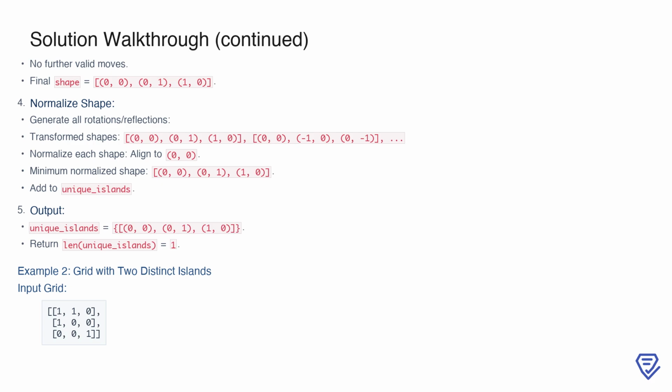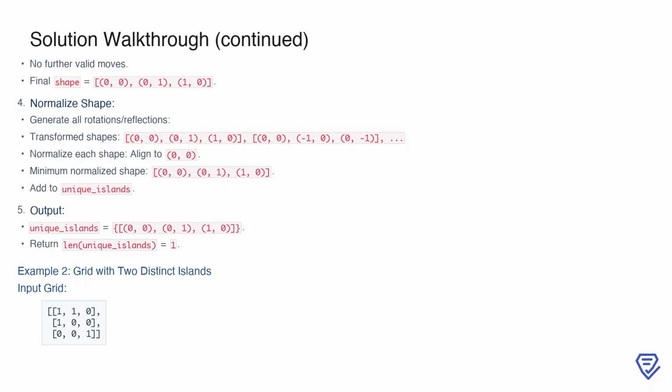Among all normalized transformations, we select the lexicographically smallest one, which in this case is 0, 0, 0, 1, 1, 0. This normalized shape is then added to the unique_islands set. Finally, since there are no other islands in this grid, the size of the unique_islands set is 1, and we return this as the result.